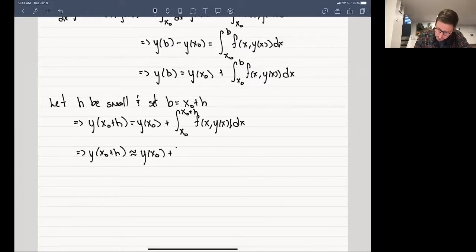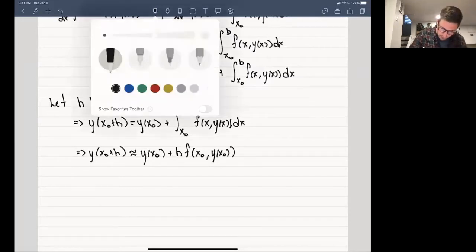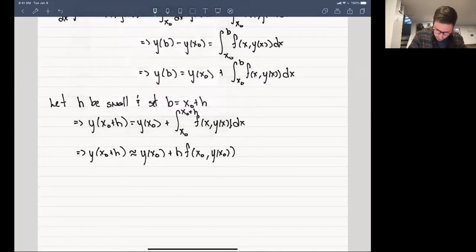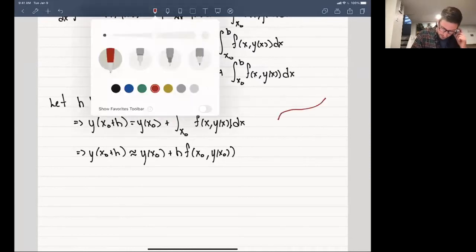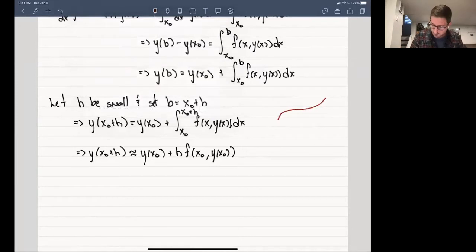The width of that rectangle is h. That's x0 plus h minus x0. And the height of that thing is given by f of x0, comma, y of x0. So if you want me to draw this for a second, maybe I've been using red here. I'm exaggerating what it looks like for effect here, but I've got an approximation, a single rectangle from x0 to x0 plus h.